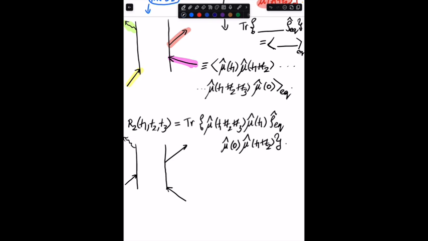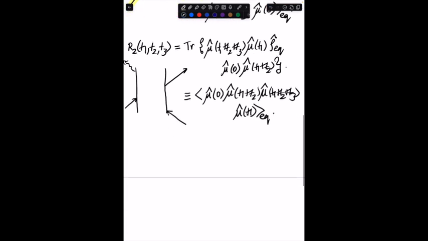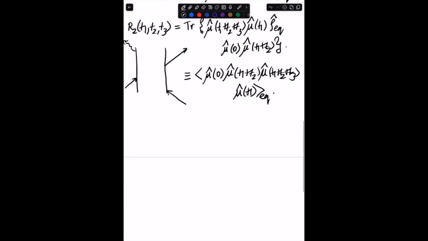Right, again, so this would be equivalent to writing it in the form of the 4-point dipole correlation function. You have mu 0, mu T1 plus T2, mu T1 plus T2 plus T3, and then mu T1 equilibrium. And likewise, we can write R3 and R4 down too.